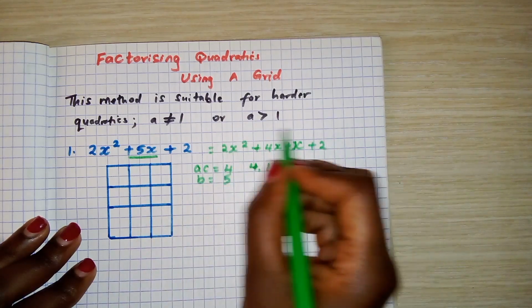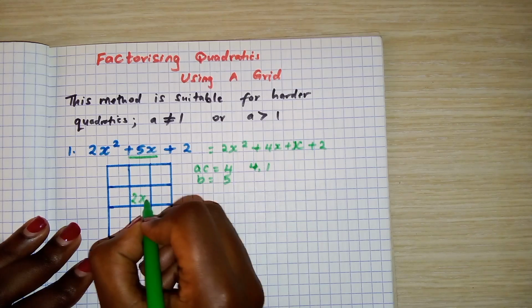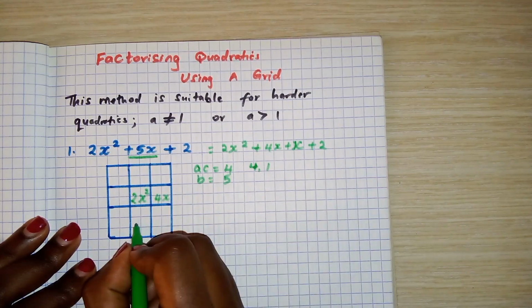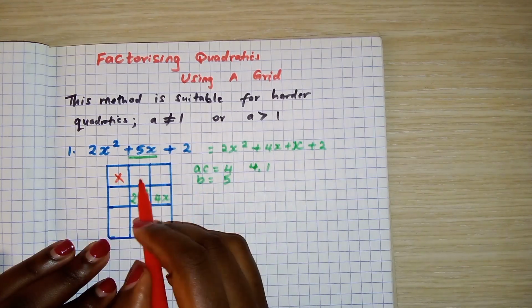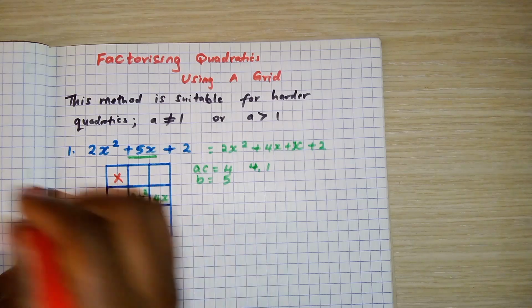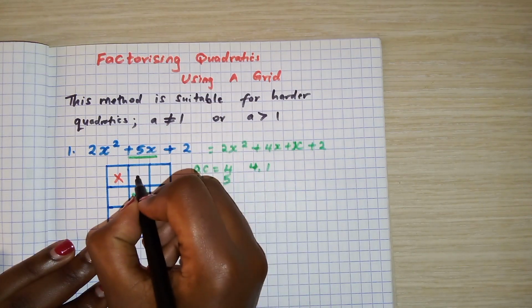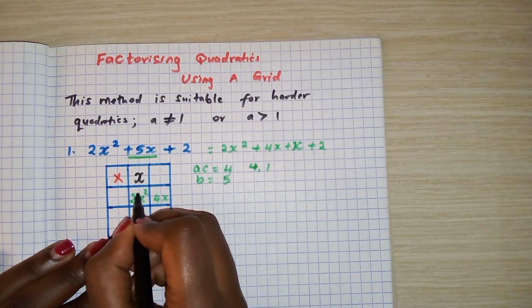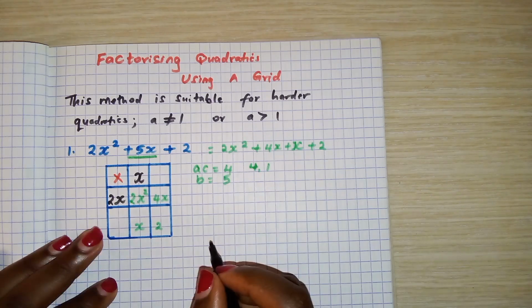So these four terms, you're going to put them inside here. So here we have 2x squared, then we have 4x, then we have x, and then 2. Here we know we are multiplying, so we need to find the numbers to fit in there. Definitely we're going to start with x, and then this side will be 2x, because 2x squared divided by x is 2x.